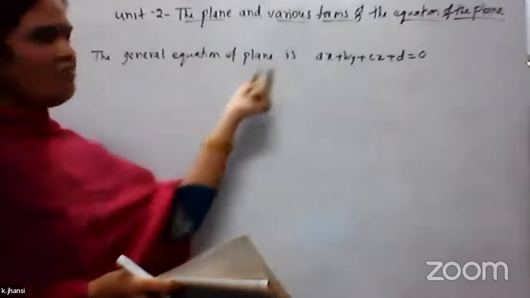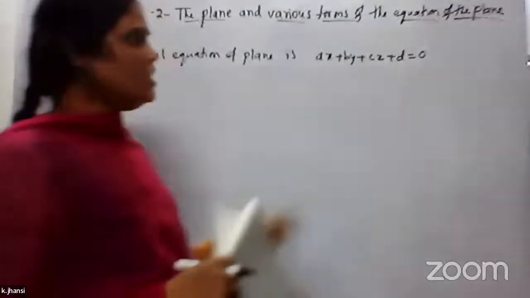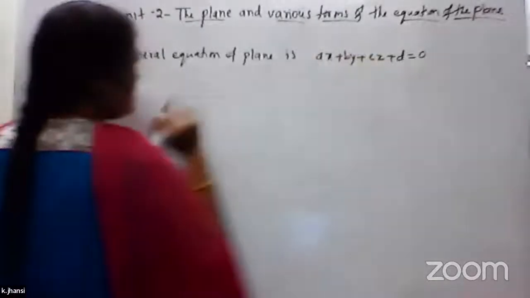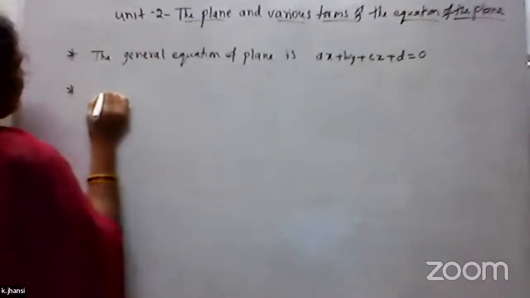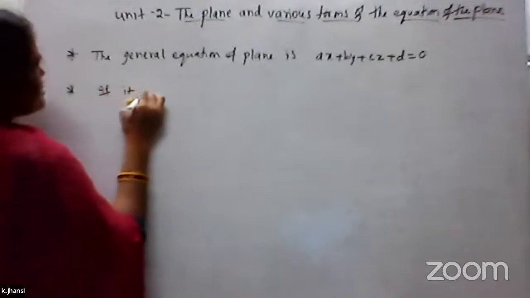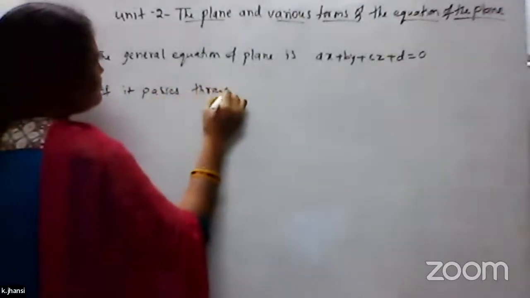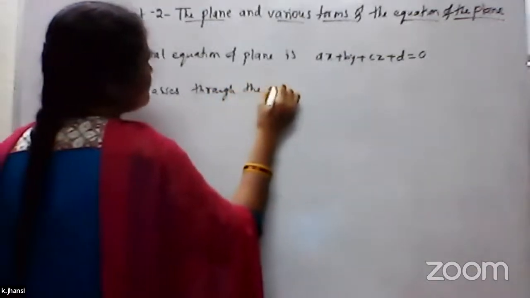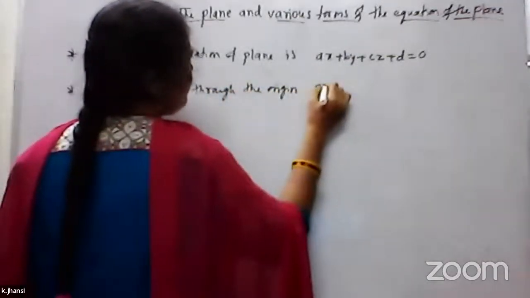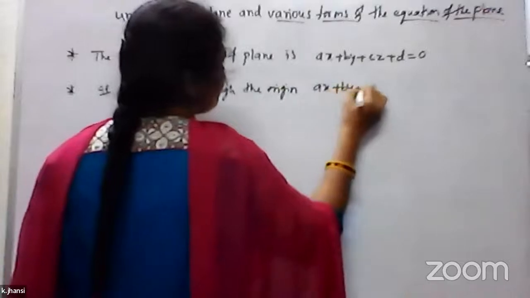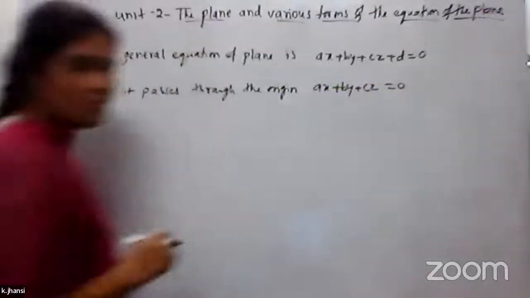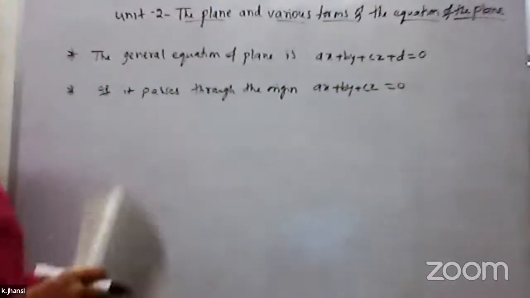Whenever this equation of plane passes through the origin, you will get this d value as 0. Then we have ax plus by plus cz equals to 0. Okay. So this is our general equation.